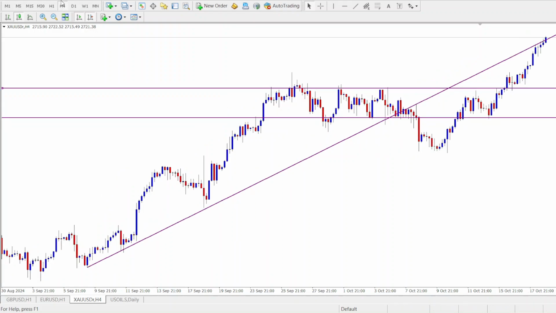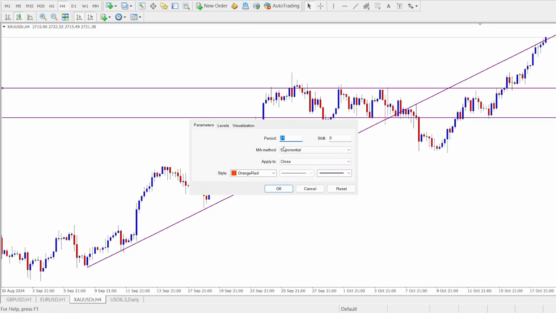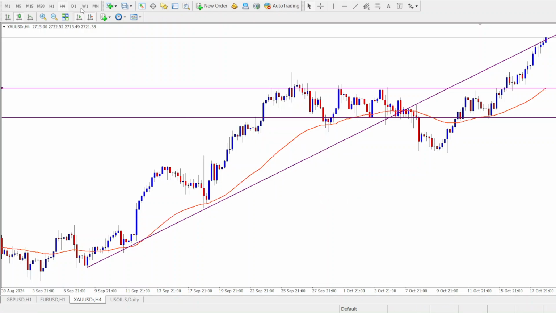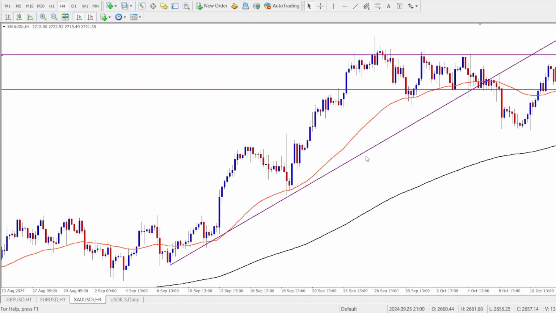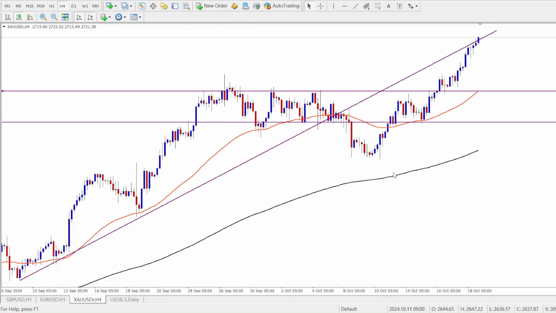And then you can also consider adding other indicators just for additional confirmation. You can decide to add indicators like moving averages. Since we are talking about swing trading, you might want to look at moving averages with higher periods. For example, we can be using the 50-day and 200-day moving averages, since it is swing trading we are talking about.